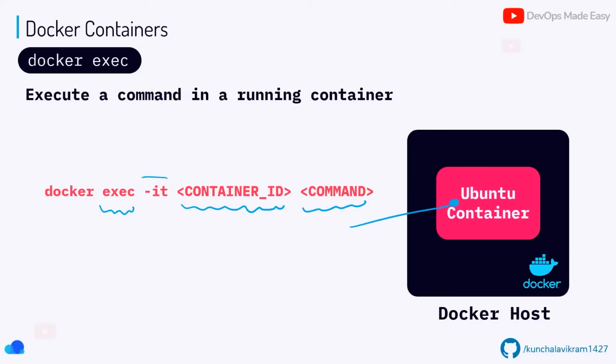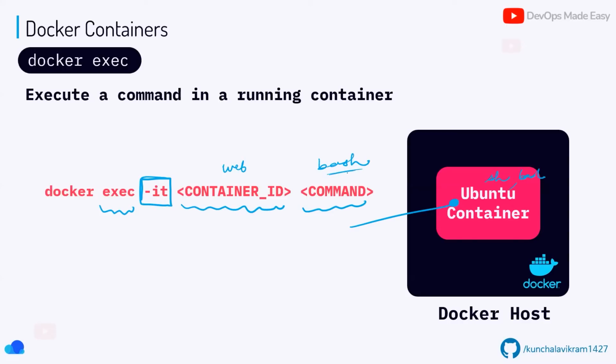Now this -it depends upon what command you are trying to run. In case the container is running and you want to start a shell process or a bash process, let's say I do docker exec and container ID, let's say web, and a command, let's say I wanted to use bash.